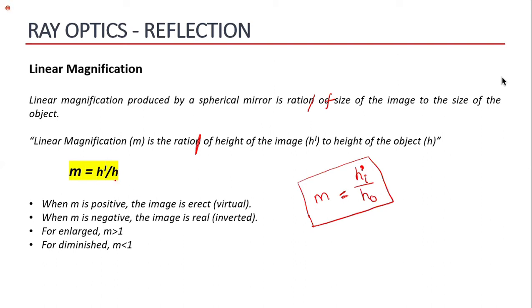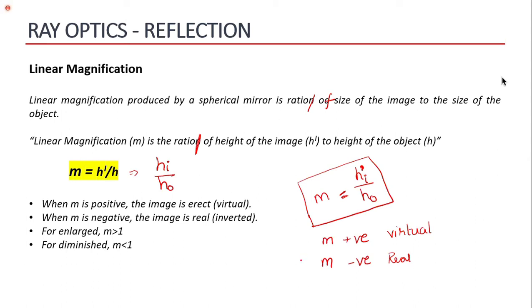Magnification is height of the image divided by height of the object. If somebody says my magnification is positive, what is the nature of your image? Virtual. And somebody is telling your magnification is negative, then it is real, and this is virtual image. Clear?